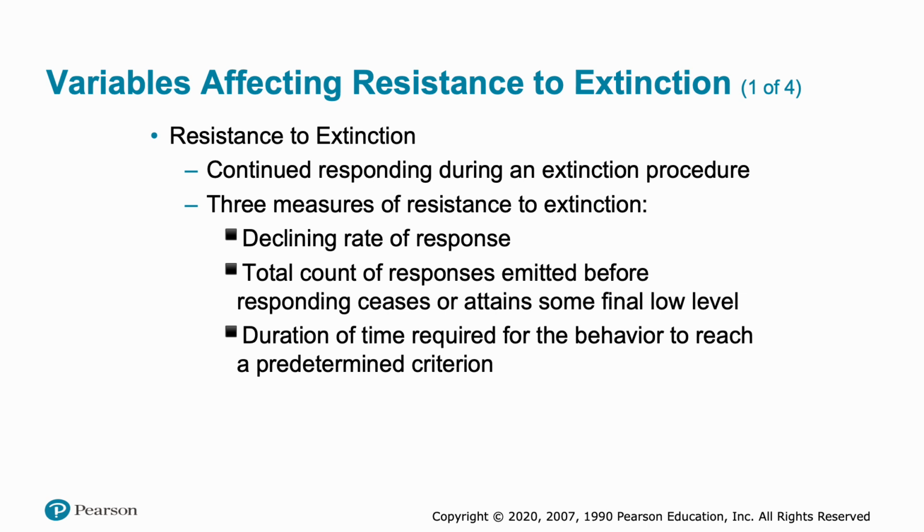Okay, so now we also have some other considerations to make when we are implementing an extinction procedure, which is that our extinction procedure might not be effective right away, because there are some factors or variables that will contribute to a person's behavior being more resistant to extinction, meaning it'll take a little bit longer for their behavior to reach that 0 point or to be extinguished.